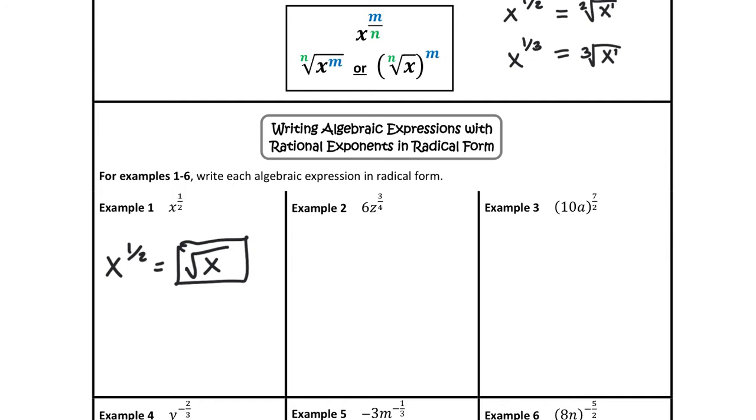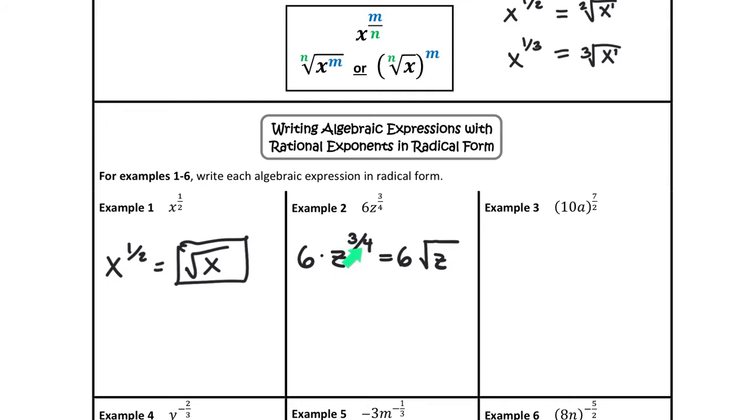Okay, so this is the answer to the first one. Then the second one, here what we should notice is that the exponent is only a part of the letter z. It's not a part of the 6. So only the z is going to be transformed. And the rule is, all we're going to do is bring over the 6, copy the 6, and the z is going to be transformed. So it's going to have a root, it's going to have a z, and then we have to decide, where do these numbers go?